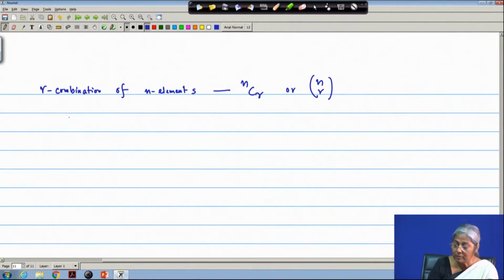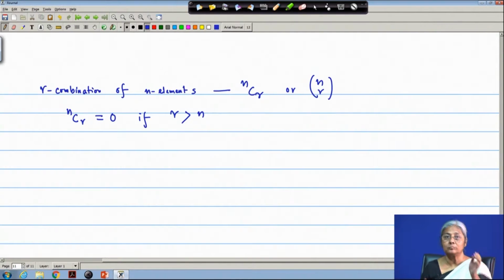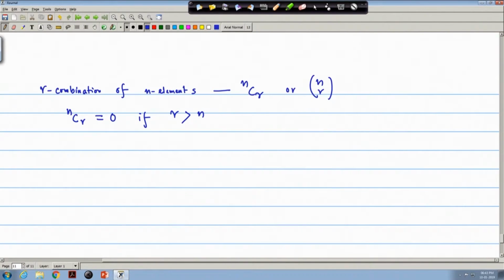According to the definition, nCR equals 0 if R is greater than n, because it is not possible to choose a subset having R elements from an n element set when R is greater than n. So, this is equal to 0, since I do not have any such subsets.